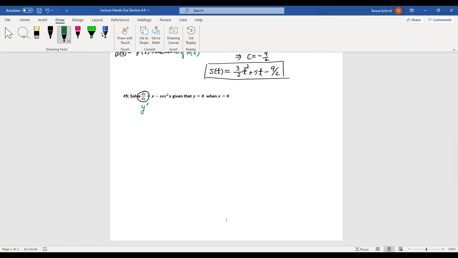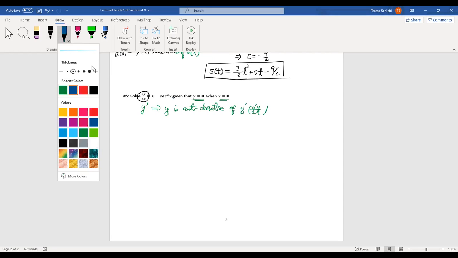So they want us to solve this equation when x equals 0, y equals 0. Because dy/dx is y prime, that means y is the antiderivative of y prime, or the dy/dx here. So I need to take the antiderivative of this one.